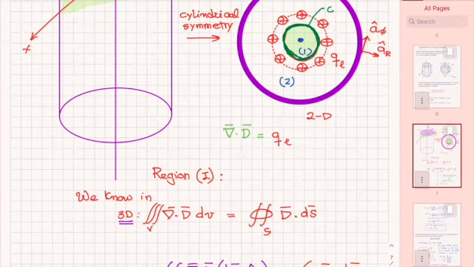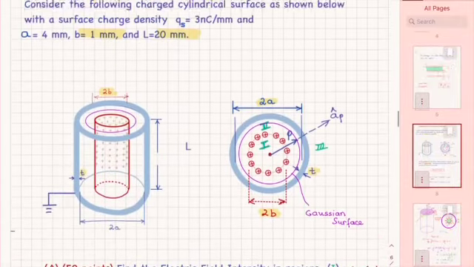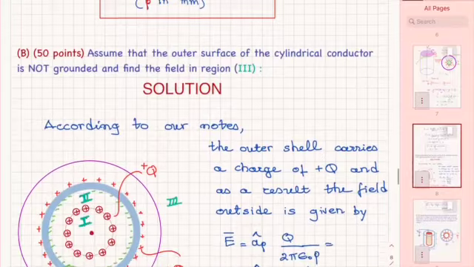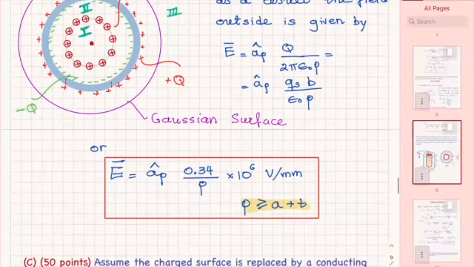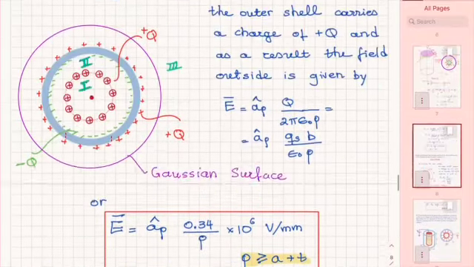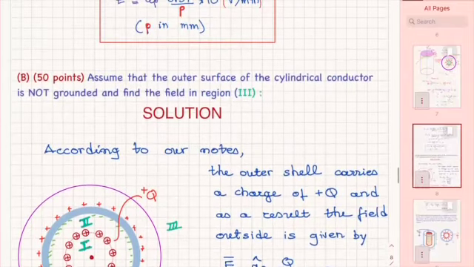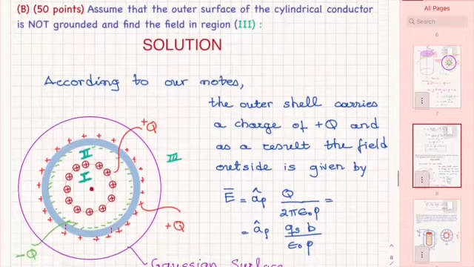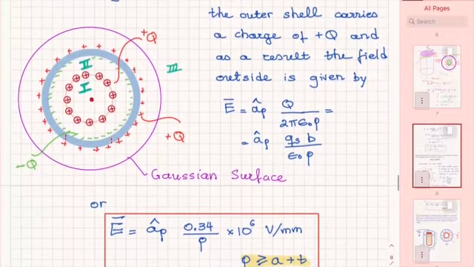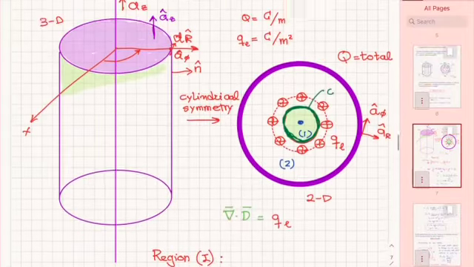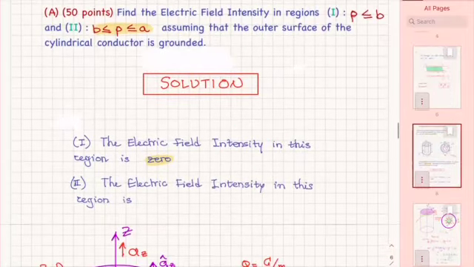Okay, so with that, let me see. Here I think I asked them for this field outside. I said 0, so that says the result is 0.